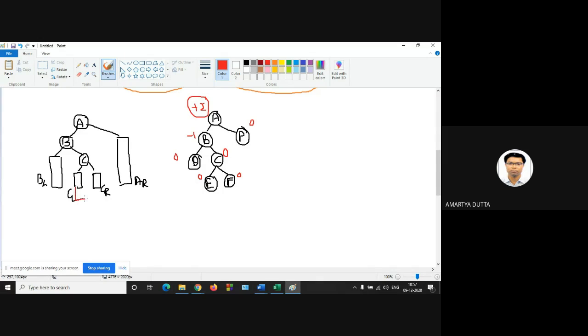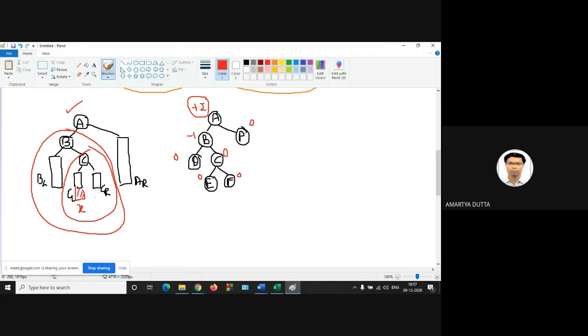So if this is x, then this is the right subtree of the left subtree of node A. So x is inserted in the right subtree of the left subtree of node A. Sir, it can be inserted in CR also. Yes, it can be inserted in CR also. That is the right subtree of the left subtree of node A.